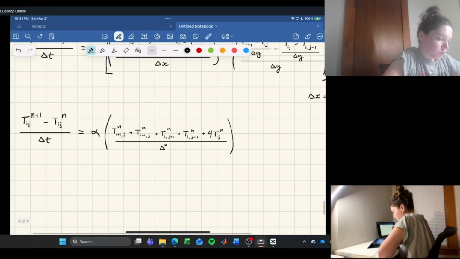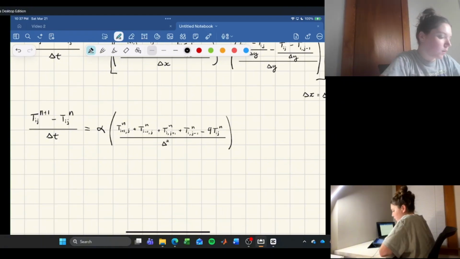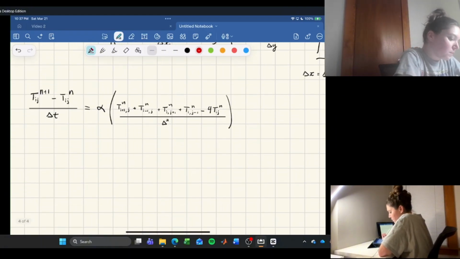That's the simplified equation. And then if we assume that this is at steady state, this term cancels to 0.